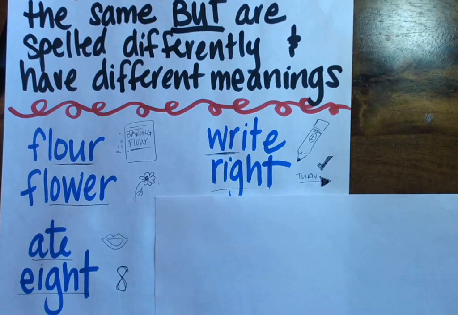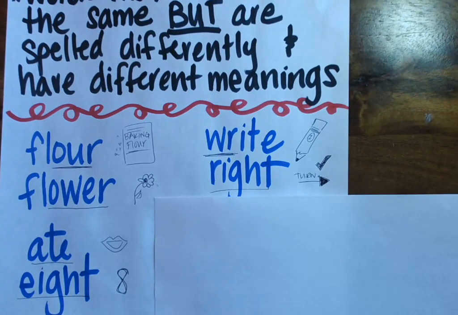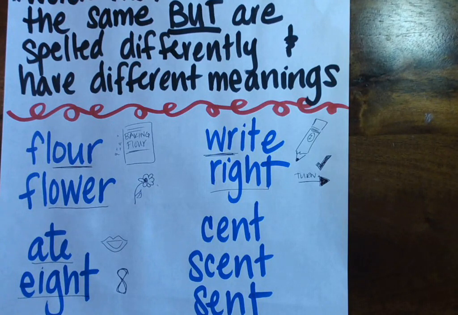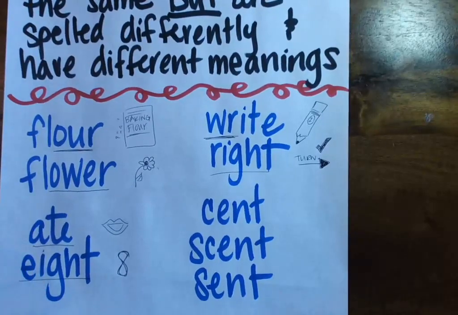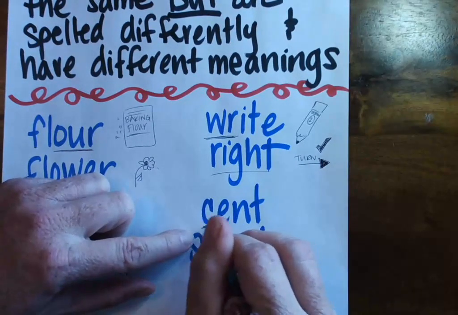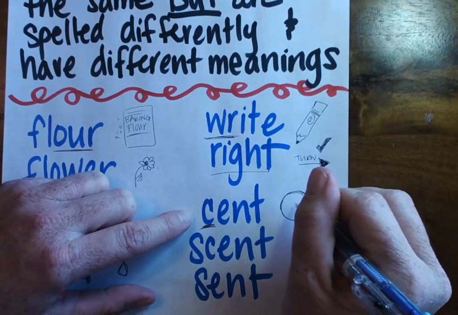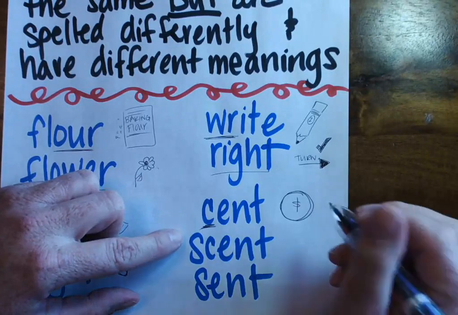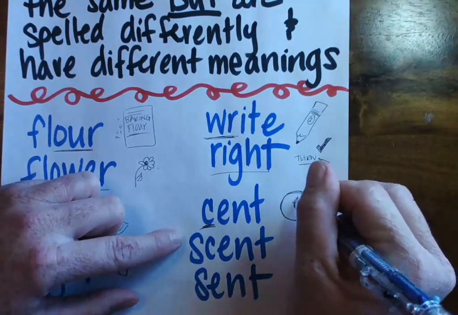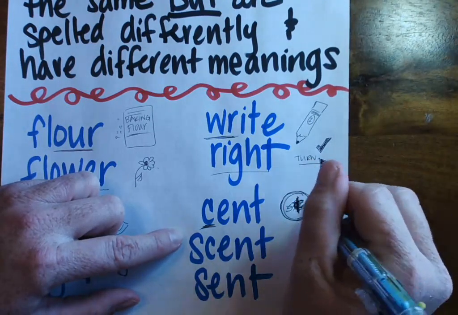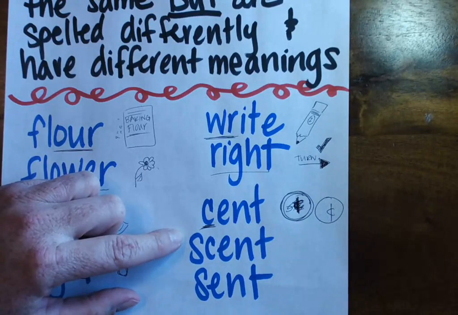Then the English language likes to throw us for an even bigger loop, and sometimes there are groups of homophones that have 3 words that sound the same, but are spelled differently and have different meanings. So when we look at these 3 words, if cent starts with the C, we're talking about money, okay? Like 25 cents.